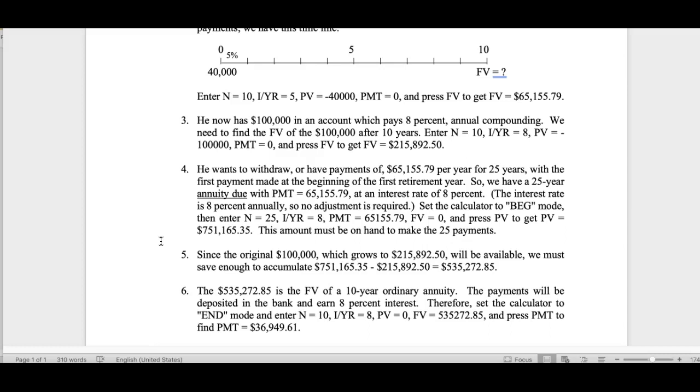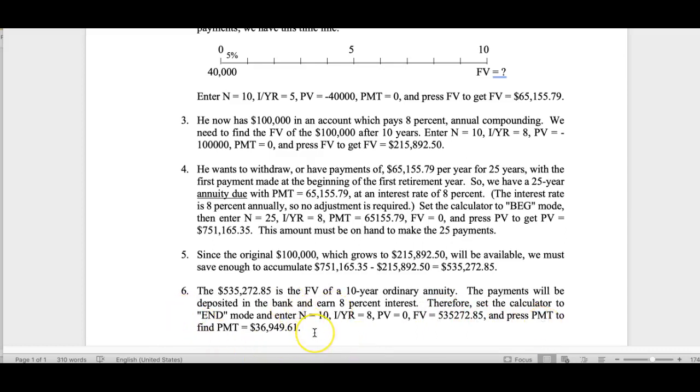To get that future value with the 10-year annuity, N is the time period of 10, interest is 8%, present value of 0, and a future value of $535,272.85.